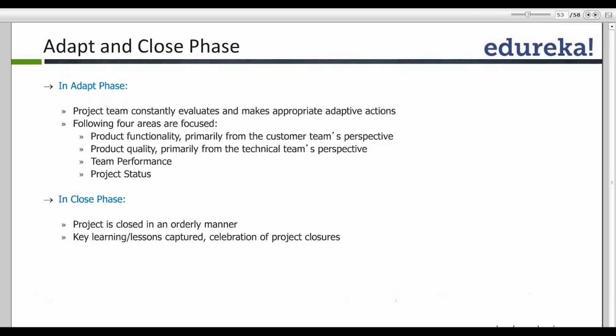So that is what happens in the adapt phase. In the close phase, we initiate the closure of the project. We capture key lessons learned and we celebrate the success of the project. So that is what essentially happens in the adapt and the close phase of the APM model.